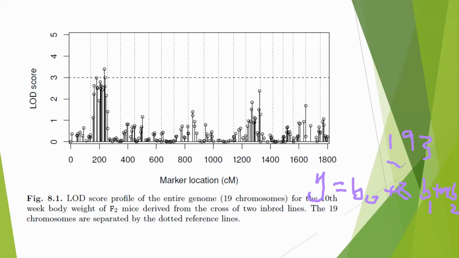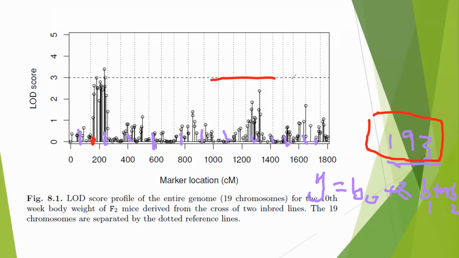Here we repeatedly use this model to test each of these 193 markers. On top of this, we can also test the genomic regions in between. The good thing is that even though we only have this many markers, we can still do a good job of QTL mapping. Why is that?